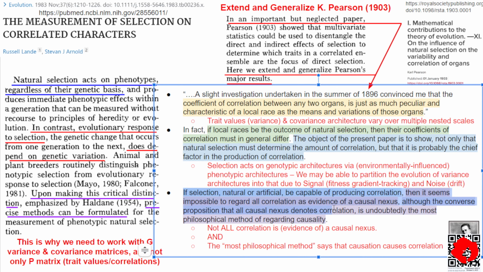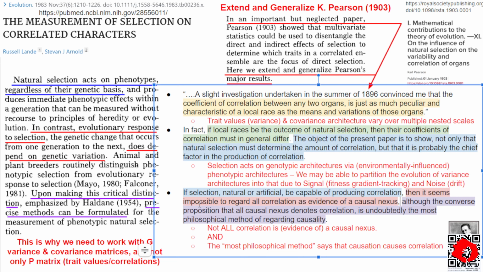Then some pretty interesting lines from Pearson. If selection, natural or artificial, be capable of producing correlation. So that's the if claim here, if we accept that. Then it seems impossible to regard all correlation as evidence of a causal nexus.